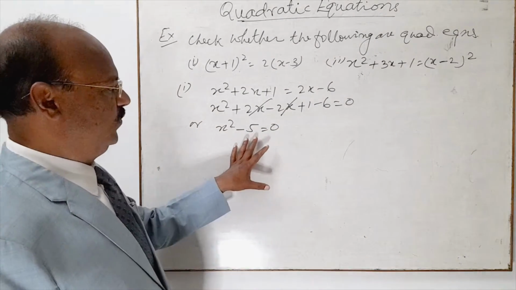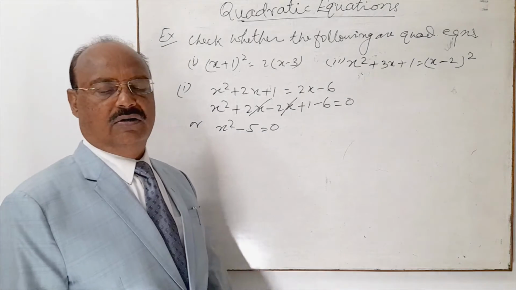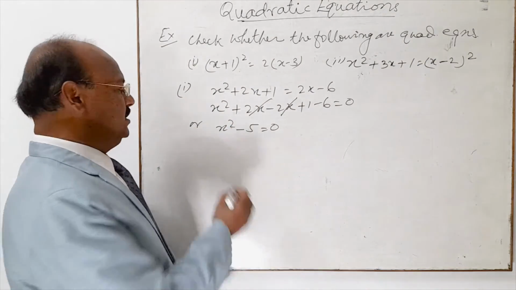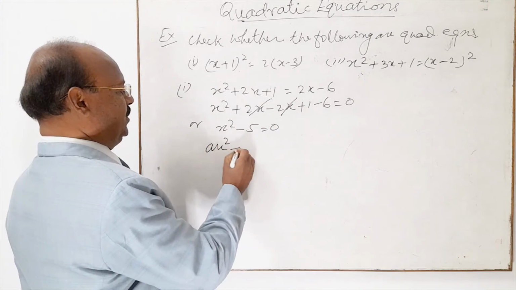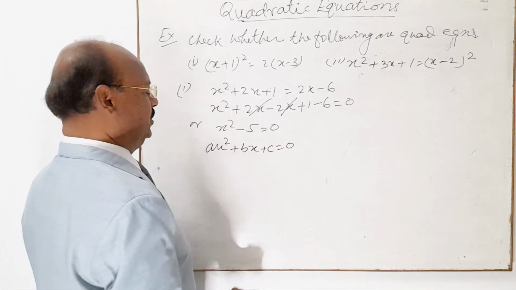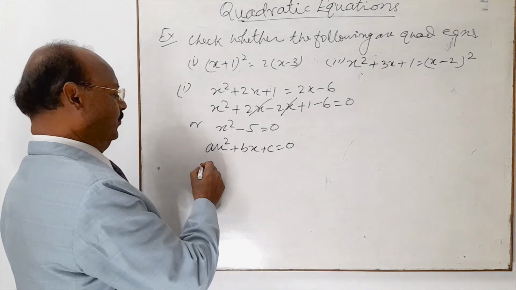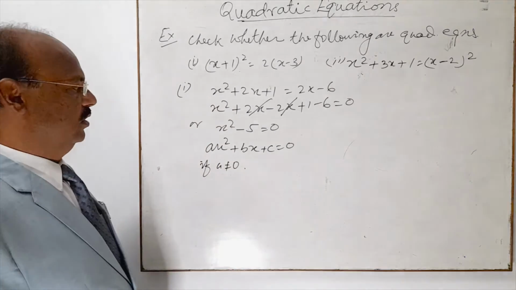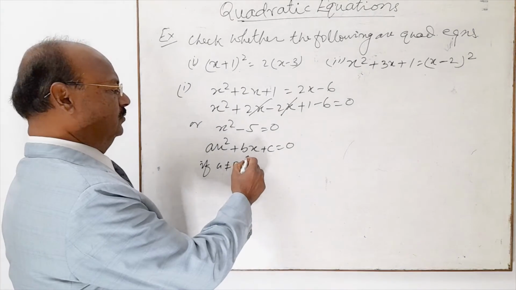Now think whether this is quadratic or not. In the introduction we have already discussed that an expression in the form ax square plus bx plus c is equal to 0 is quadratic if a is not equal to 0. If b is 0, no problem.